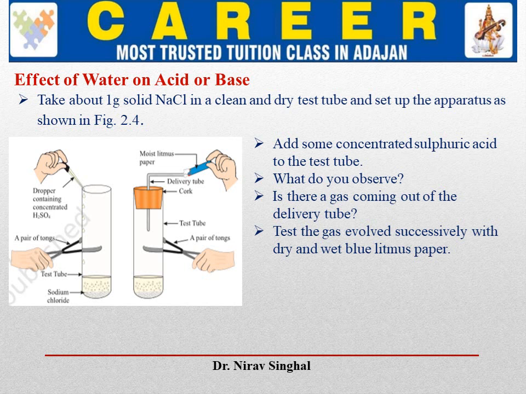Yes, dear students, if we place moist blue litmus paper, then blue litmus turning red is the indication of acid. That moist litmus paper turns red when it comes into contact with the gas coming out of the test tube. But if we place dry litmus paper, no color change is observed.